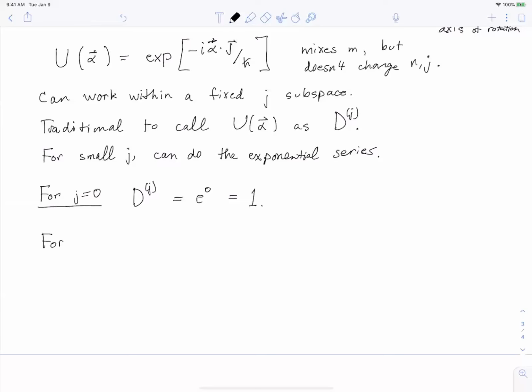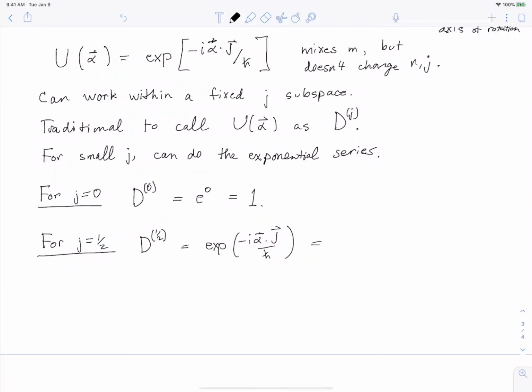Okay, for j equals 1/2, things are a little bit more interesting. I guess I should have been more specific and called the previous one D of 0. Now we're asking for D of 1/2, which is the exponential of minus i alpha dot J over h bar.